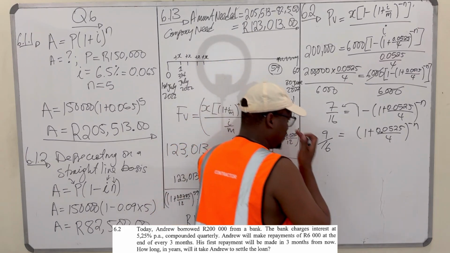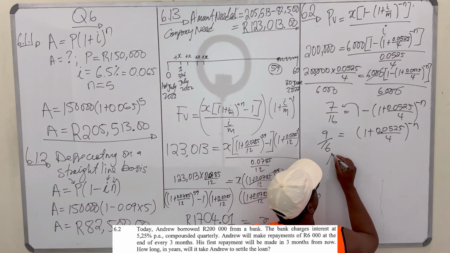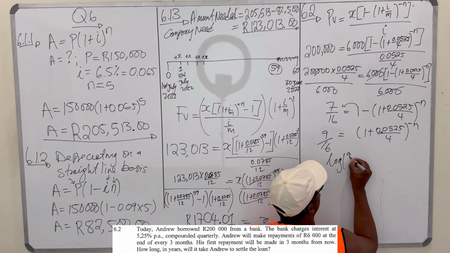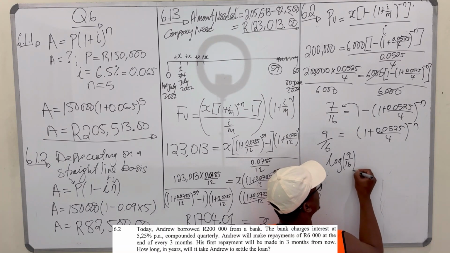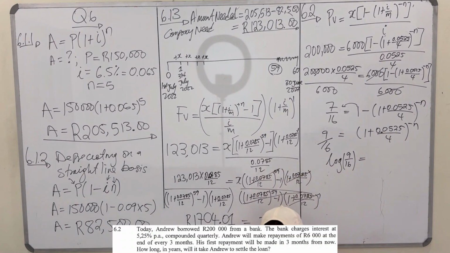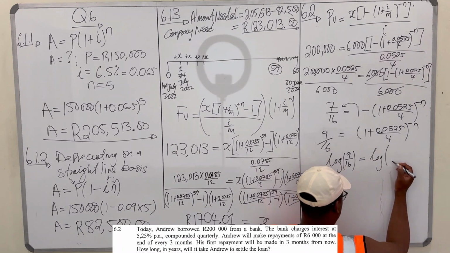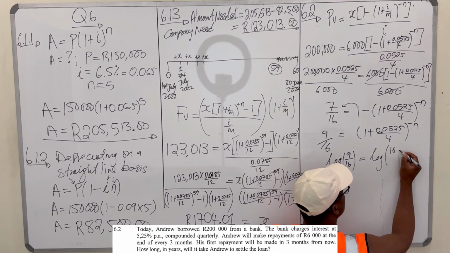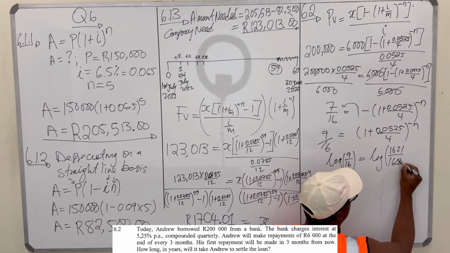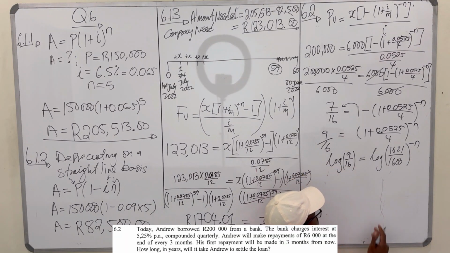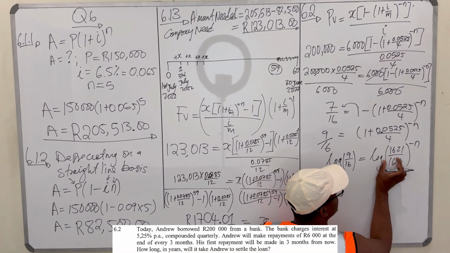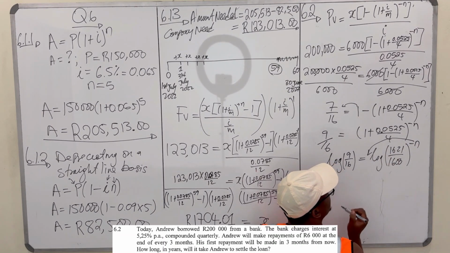Then take the log of both sides, say log of 9 over 16 is equal to log of whatever is inside there. So let's say 1 plus 0.0525 over 4. So it's going to be log of 1621 over 1600, all raised to negative n. When you have a log of something with an exponent, you can take the exponent in front here.